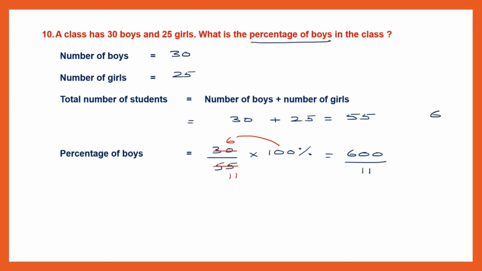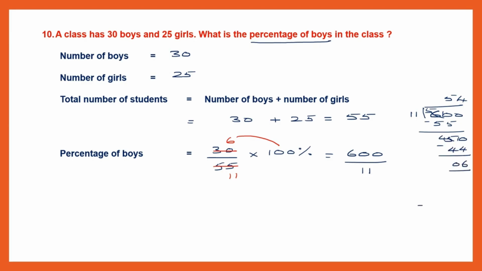So let's do that. 600 divided by 11. 11 fives are 55, minus, and then 6 minus 5 is 1, then 10. 10 minus 5 is 5, and then you bring down 0. 11 fours are 44, minus: 50 minus 44 is 6.